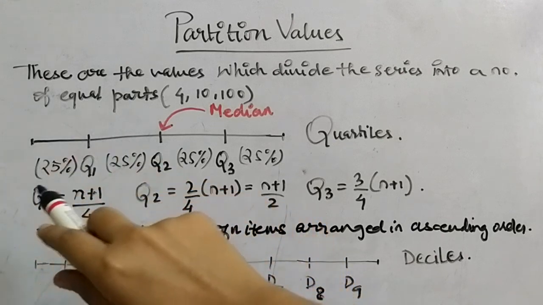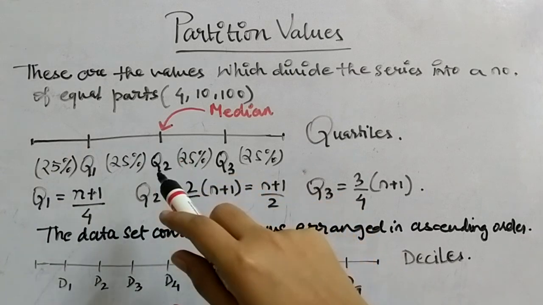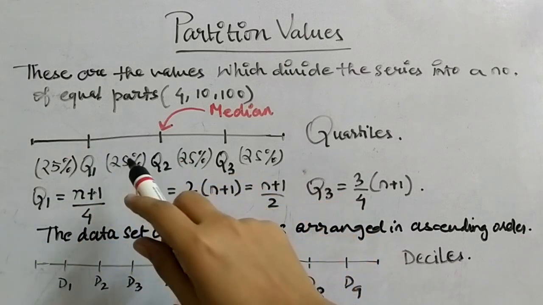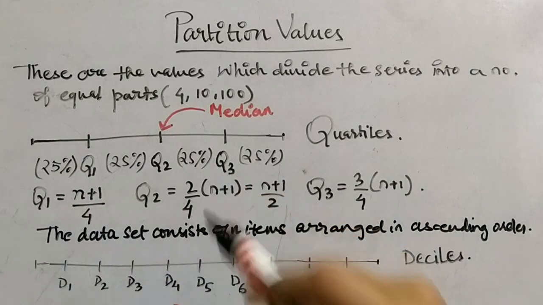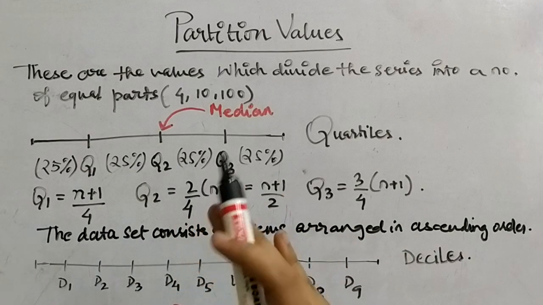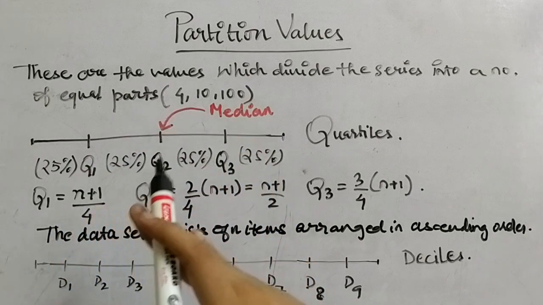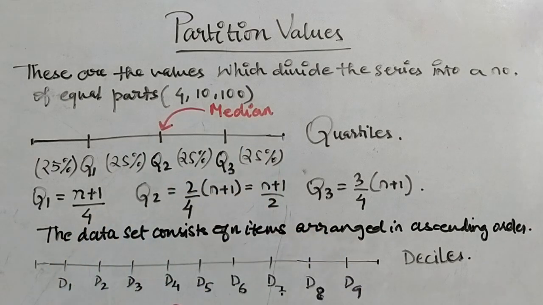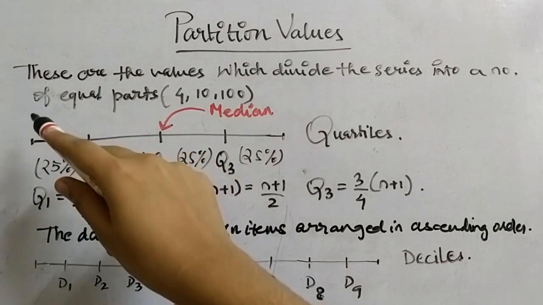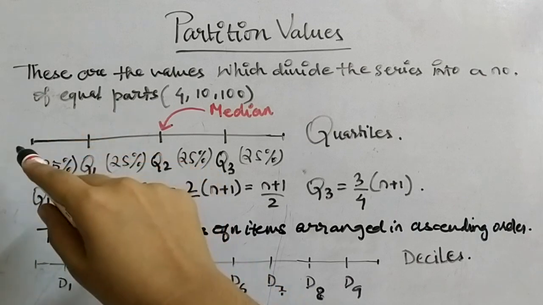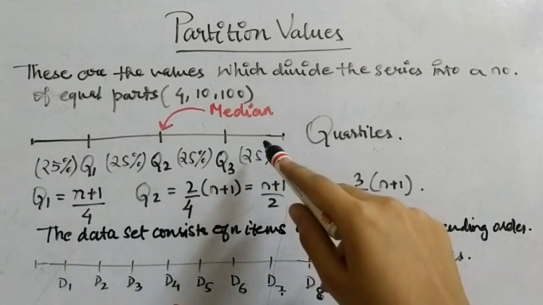But below quarter 2, the total number of observations is 50%, correct? This plus this. Similarly, in case of quarter number 3, the total number of observations that lie below it is actually 75%.